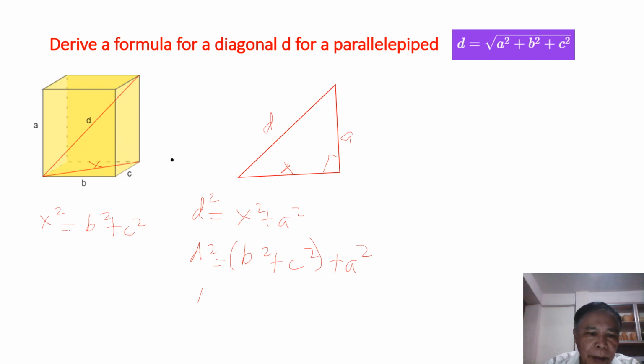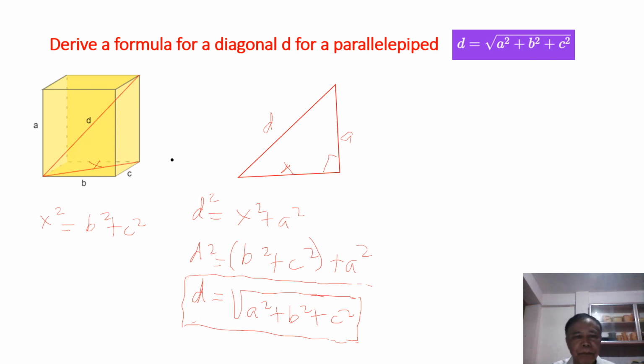Simply, your diagonal D equals the square root of a squared plus b squared plus c squared. This is the formula to be used in finding the diagonal of the so-called parallelepiped.